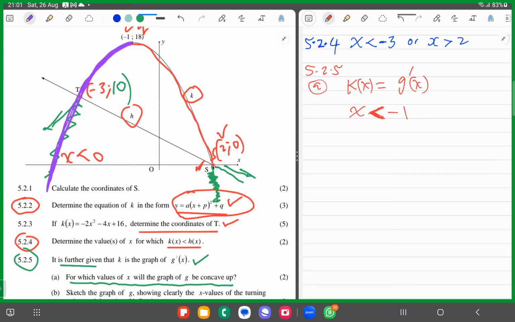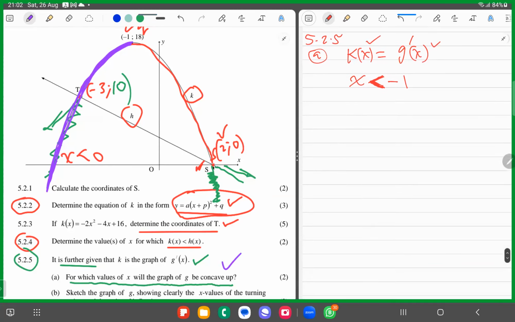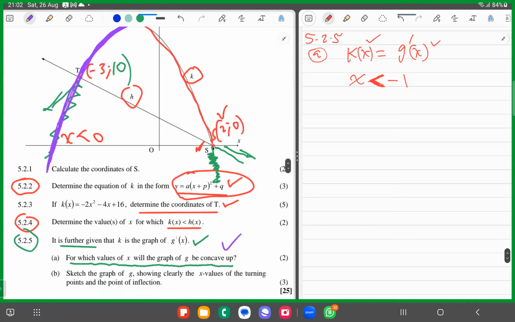You really can see the shape of the graph. The graph is facing down. Therefore, if the graph of k is facing down, it means that the graph of G primed itself will be concave up. Think about that. Spend some time on the concavity of graphs.